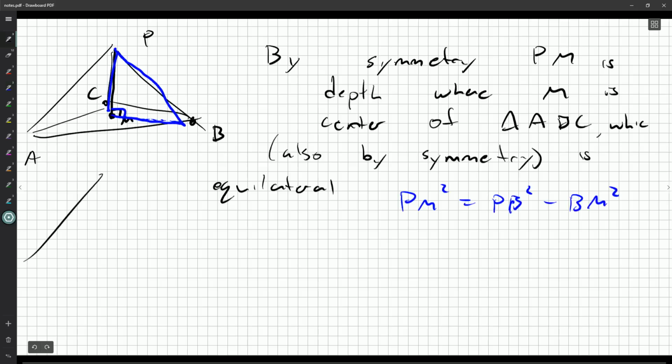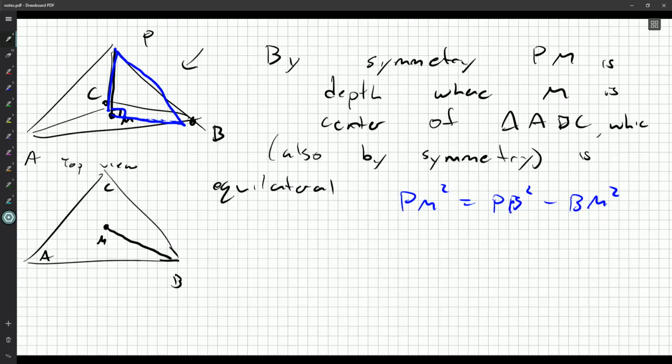Now if I look top down, so there's a top view, C is here, A is here, B is here. M is in the middle, we get MB. I'd really like to know what MB or BM is. I'd also like to know what PB is. So, what can we do? What can we say here? These all should be related, and then I should be able to find the volume for the whole thing somehow.